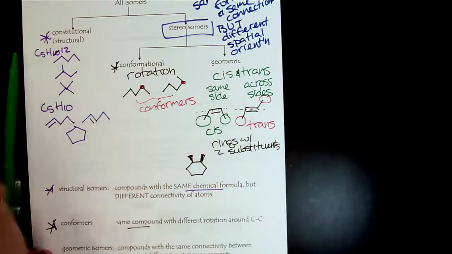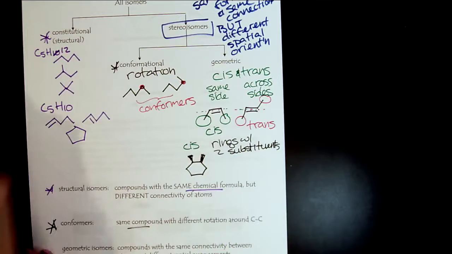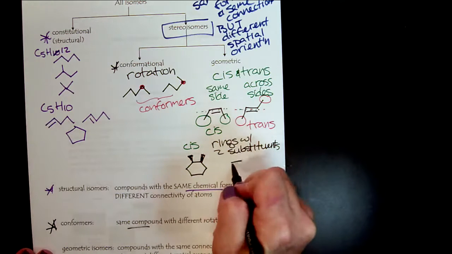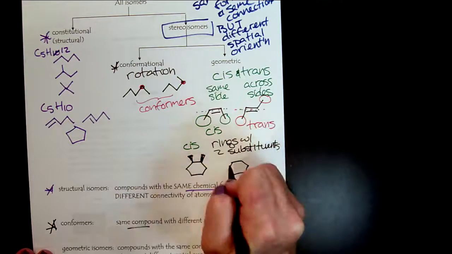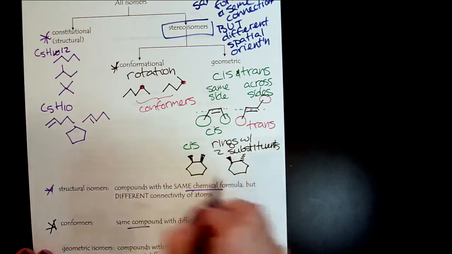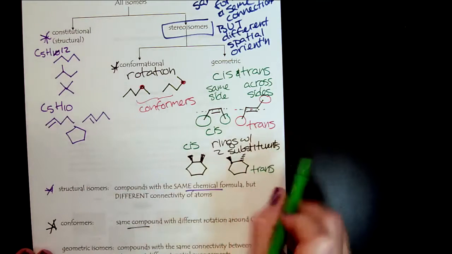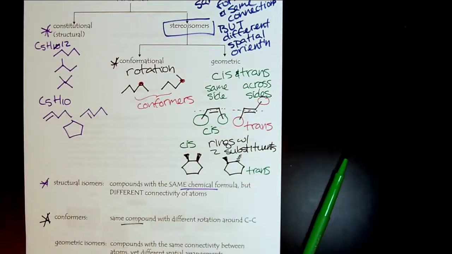And so this would be another example of cis, they're on the same side. Or we could have one of our branches going up and the other one going down. And so that would be trans. All right, so let's look at those models.